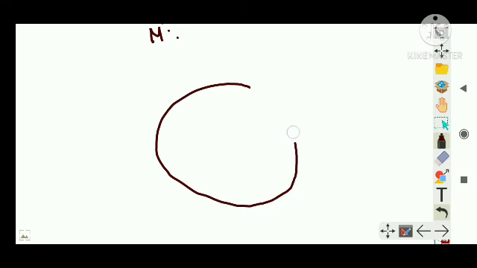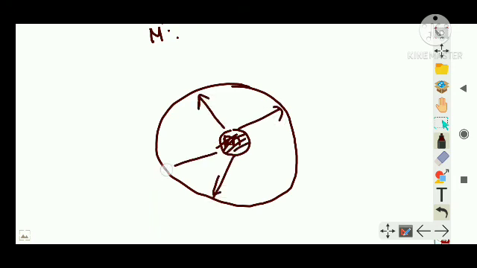Suppose this is a surface, or this is a mass, let's say M. This mass has a gravitational field here. I want to bring, let's say, a mass m1 from infinity. Infinity means some very far point.